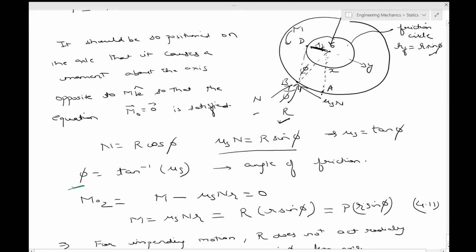So contact occurs at B, some distance away from A, and this is opposite to P, but it doesn't really act over here in a direction opposite to M. So physically, when the applied moment M is gradually increased, the axle rolls without slip on the bearing, so that climbing in the direction opposite to M takes place until slip occurs.